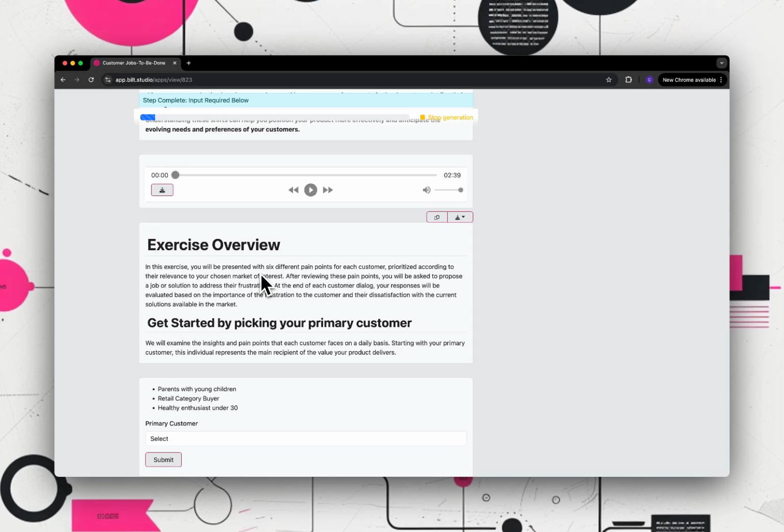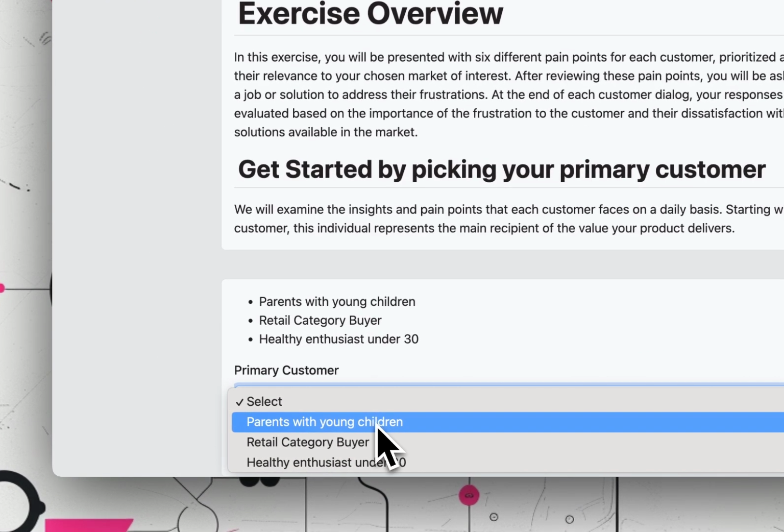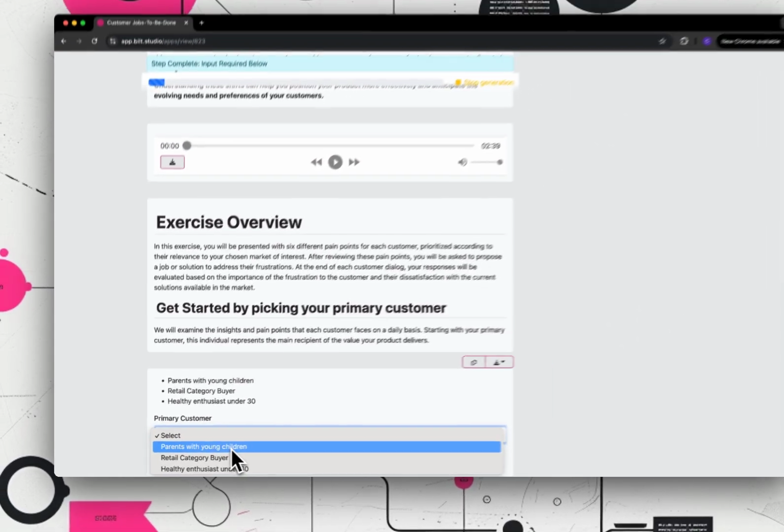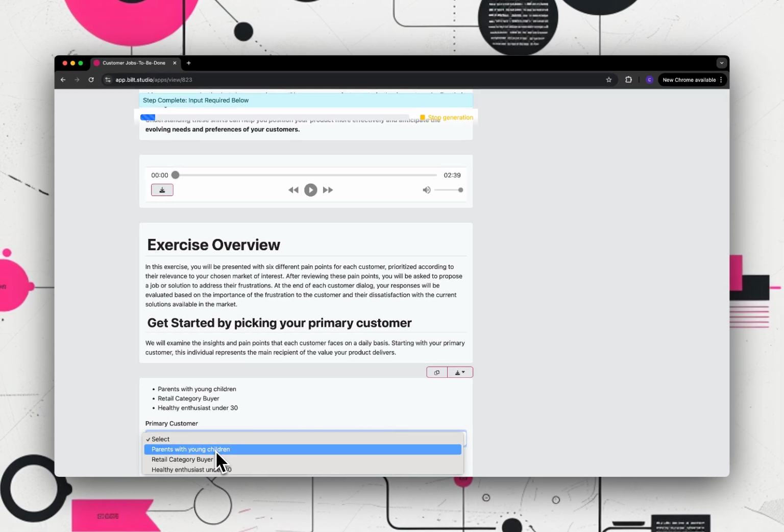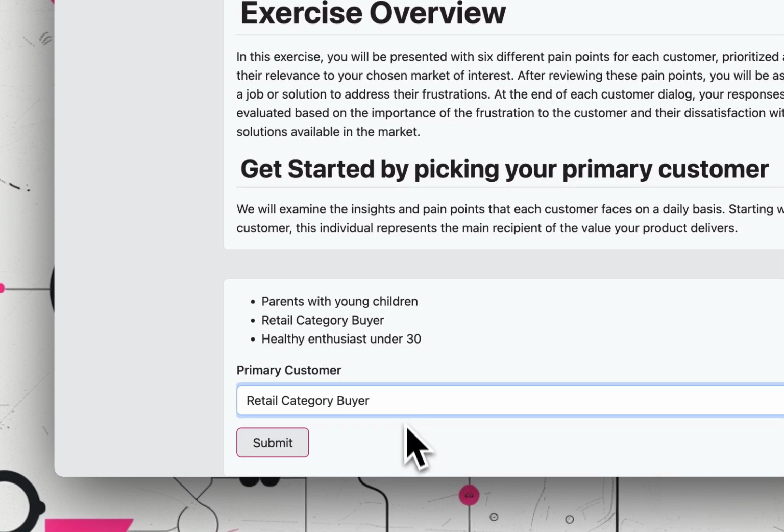And what's going to happen is the application is going to present me frustrations that that customer is dealing with. We'll start with parents with young children. Actually, let's do something a little bit more specific. Let's do a retail category buyer, because they're going to have some really specific needs that I need to serve with my product.